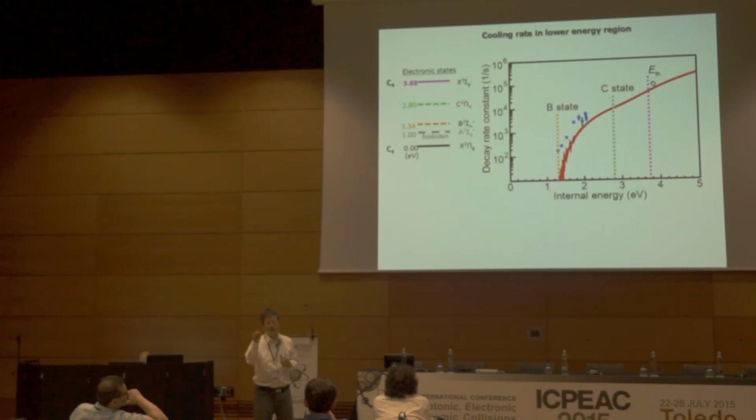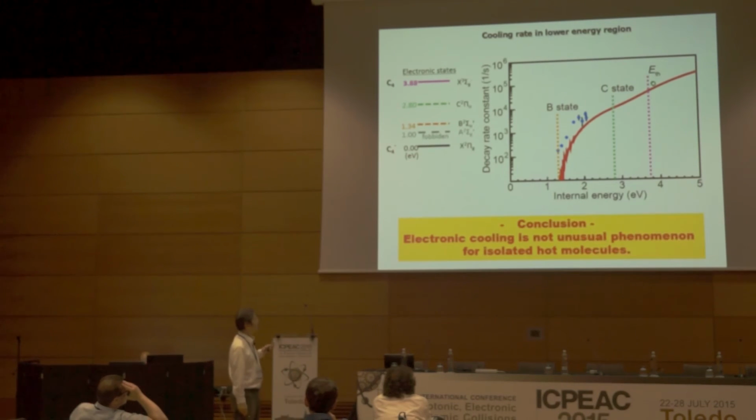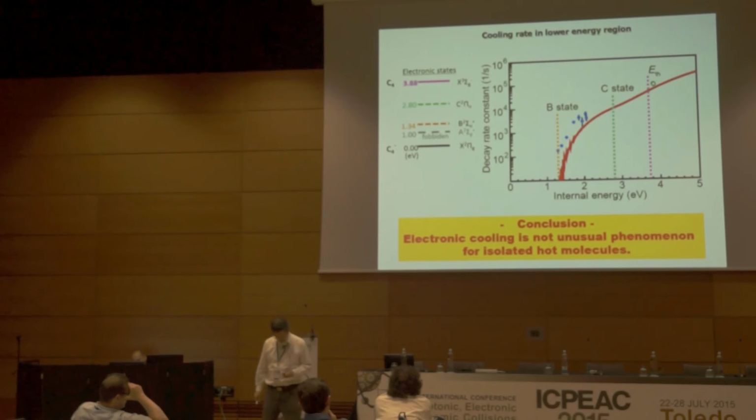And there may be some electronic excited state below the detachment or any threshold. In that case, the electronic cooling must work. So let me go back to the conclusion: electronic cooling is not an unusual phenomenon for highly isolated hot molecules.